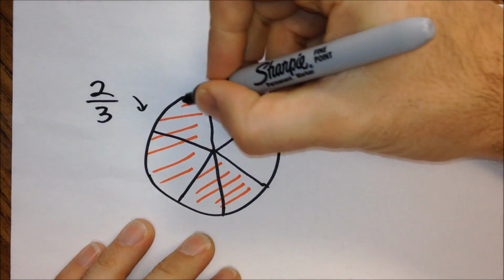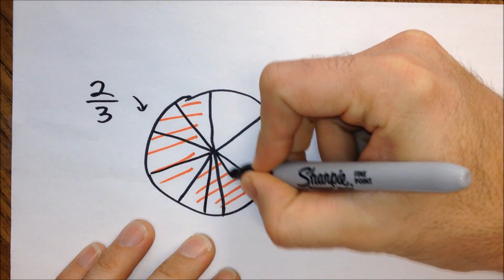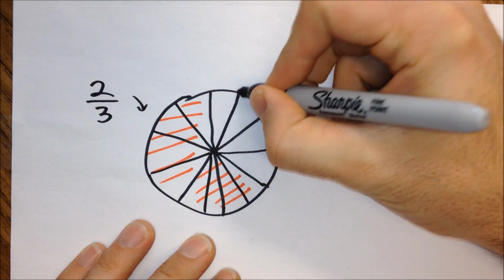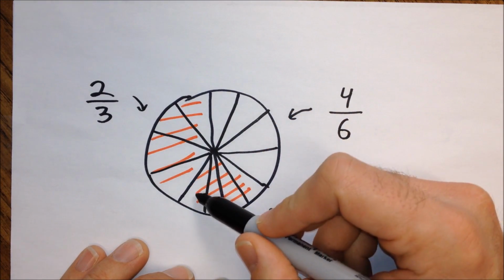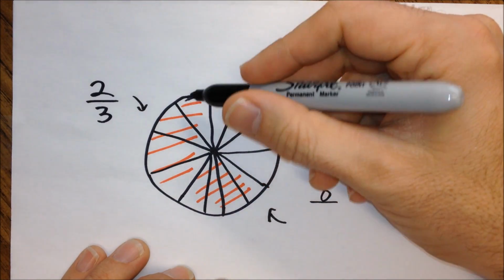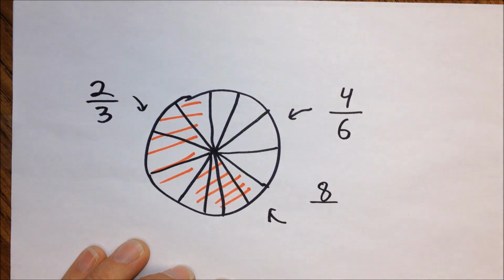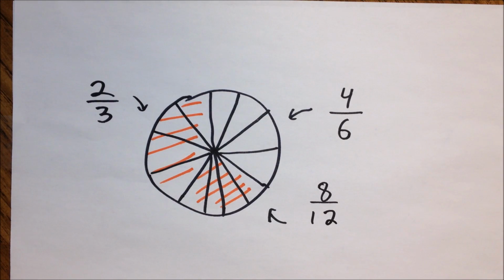I could have divided it even further. So what if I split each of those in half again? And then I would notice that I have 1, 2, 3, 4, 5, 6, 7, 8 pieces shaded red, and then I have 8, 9, 10, 11, 12 pieces total. And so this fraction could also be thought of as 8/12.